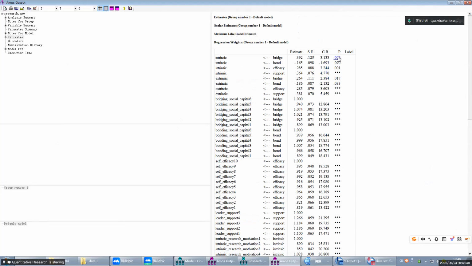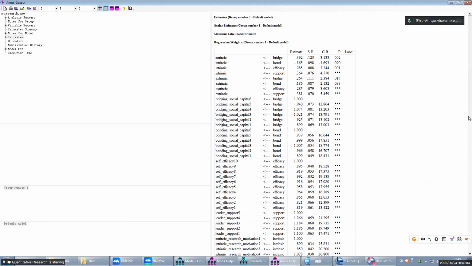Find p-values. Your bridge, positive predictor of intrinsic, right? Yeah. And bound, is it significant? No. Bound, not significant.